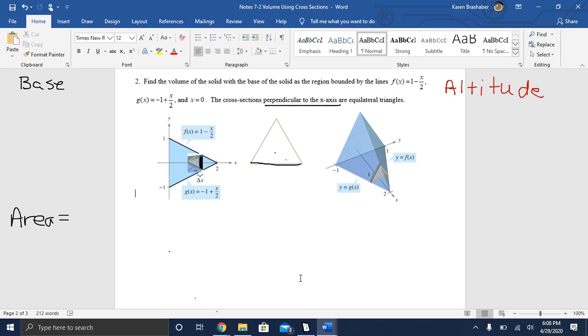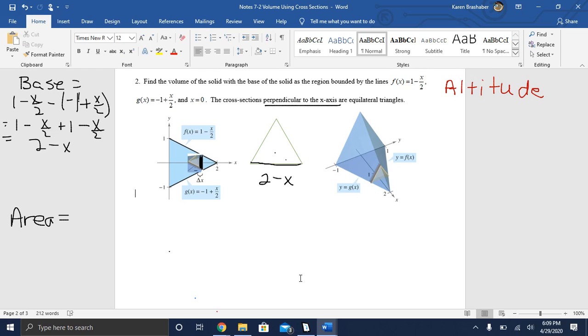So that length is going to be the top line, which is 1 minus x over 2, minus the bottom line, which is -1 plus x over 2. And so if we simplify, we would get 1 minus x over 2 plus 1 minus x over 2, and that's going to simplify so that we get 2 minus x. So 2 minus x is the length of our base.